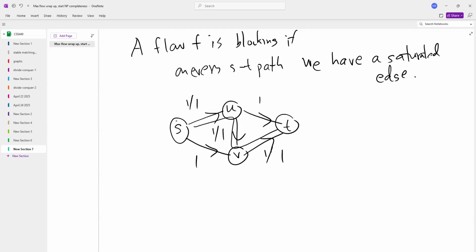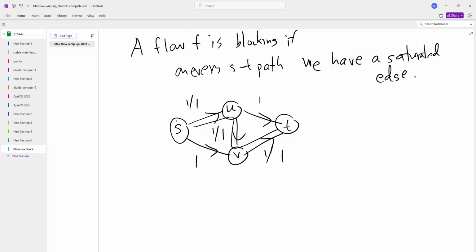When we are doing blocking flow, we are trying to push as much flow as possible in one go. In Ford-Fulkerson, we just find one path. In a blocking flow, we can find multiple paths on which we can send flow, and in that way we do a lot of computation in a shorter amount of time.